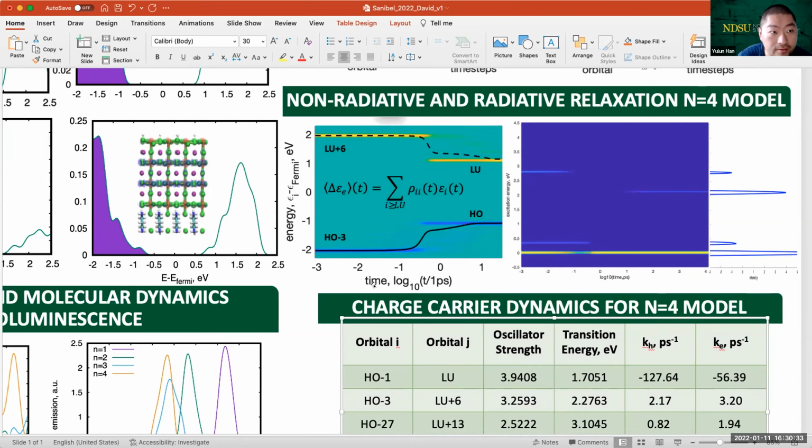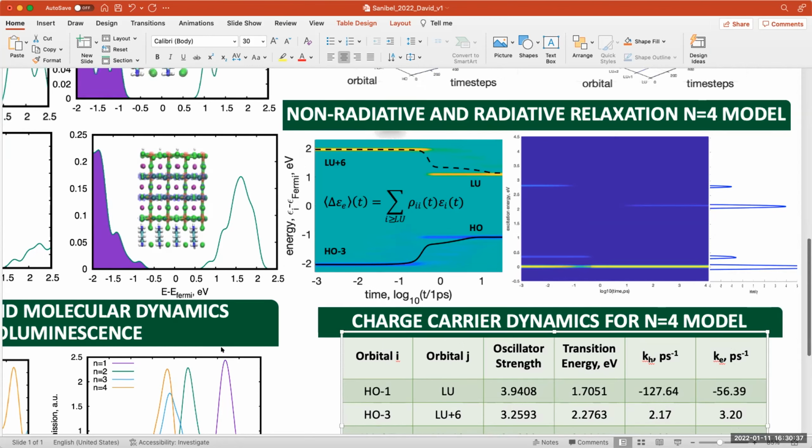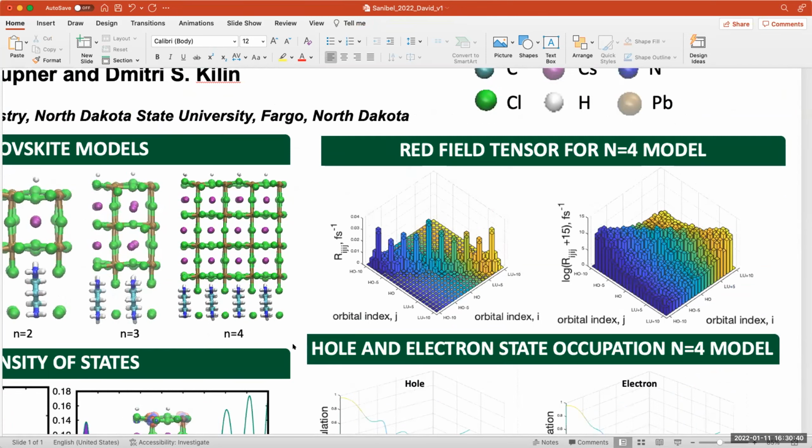David, can you go back to the right field tensor? Yeah. Yep. I was going to say that. What's the difference between these two? So the right one is a log scale, the left one is not. So I made this poster for Visitation Day. So I was just trying to show how they work.